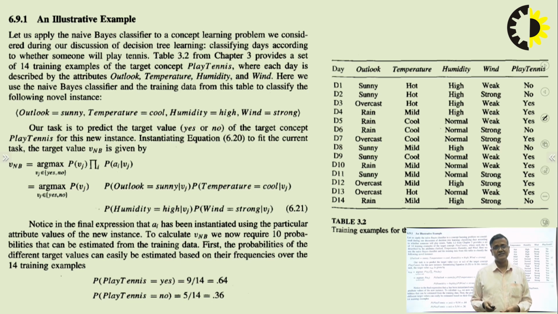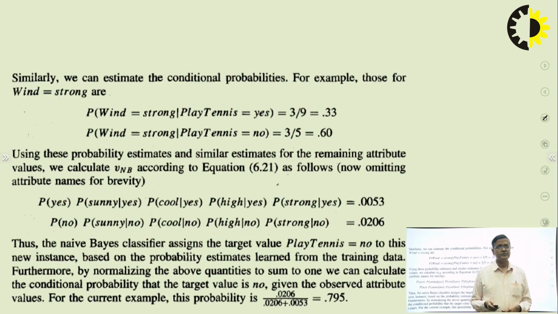In those 9 cases, we have 3 cases, the 6th, 10th and 11th rows, where the wind is strong as well as play tennis is yes. So the probability of wind equal to strong given play tennis equal to yes comes out to be 3 by 9, which is 0.33.